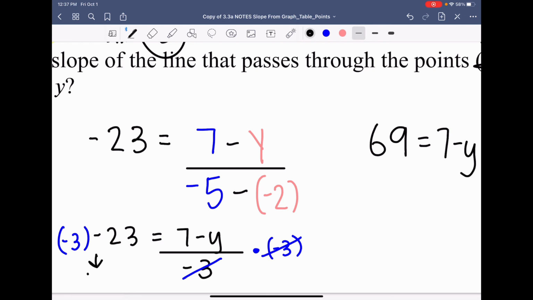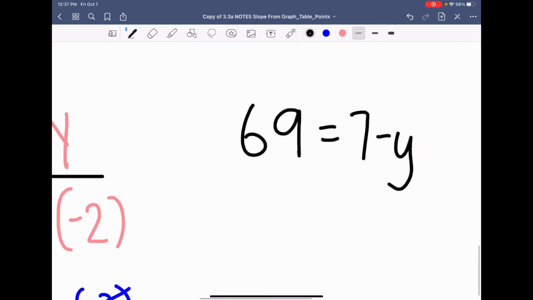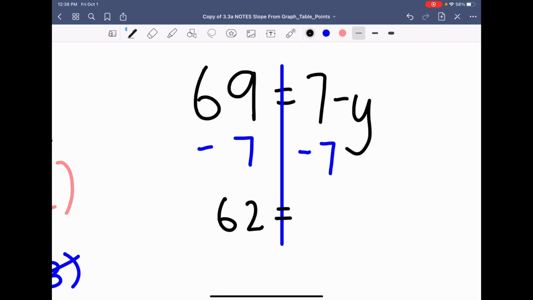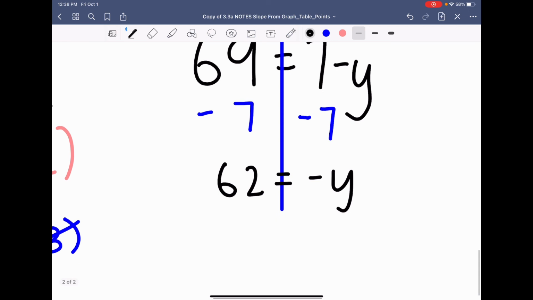Okay, so then we're subtracting 7. Subtract 7, so we get 62 equals a negative y. Well, we can't have a negative y. We want just regular y.